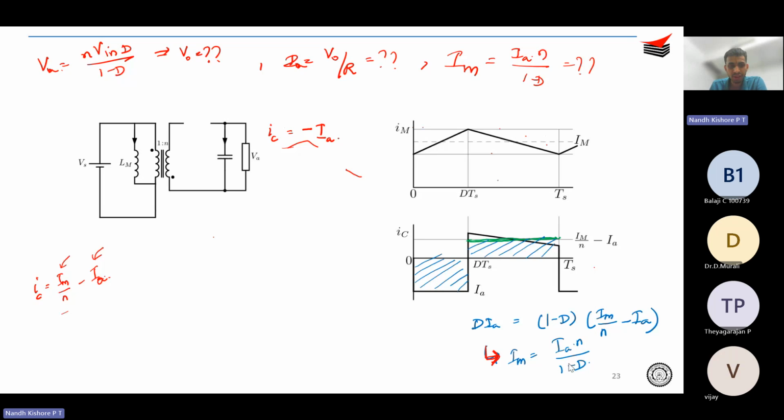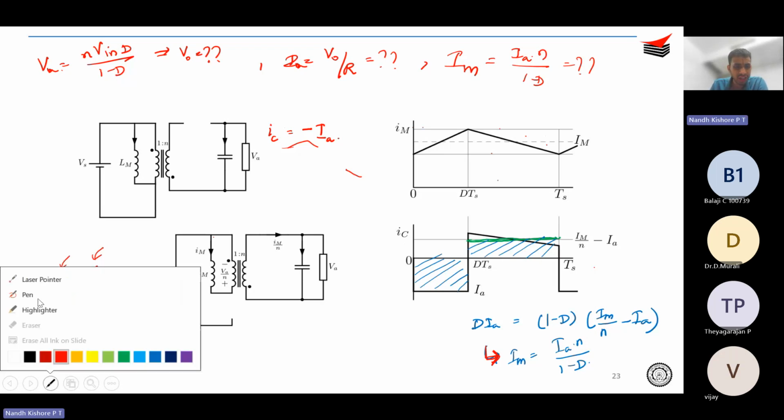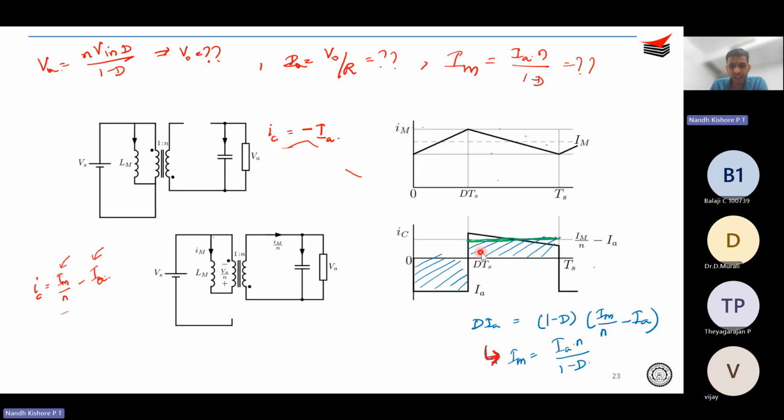That is, we wrote what was the capacitor current during DTS period, that is minus IA, and during 1 minus DTS period, that is Im by N minus IA, and we drew the capacitor current waveform as it is drawn on the right hand side of your screen, right? And we found out the area during the positive side and negative side, and it turns out that Im is equal to I naught into N divided by 1 minus D. Okay.